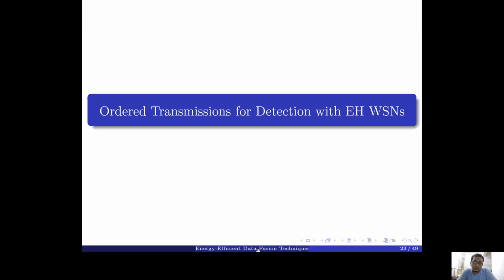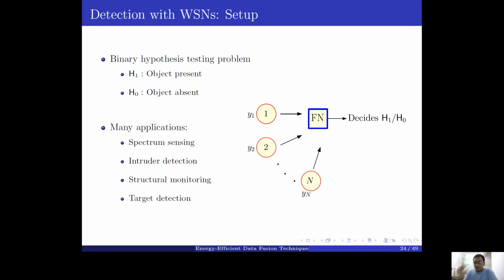We now move on to the second part of our work, which focuses on detection with wireless sensor networks. Before going into the problem, we first want to set up the detection framework which we have used throughout this part. We focus on the binary hypothesis testing framework.